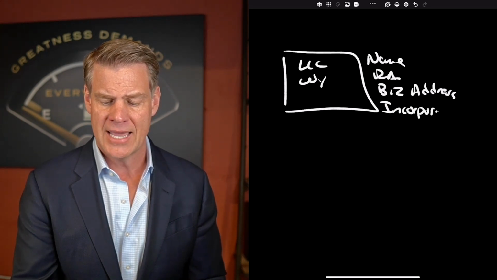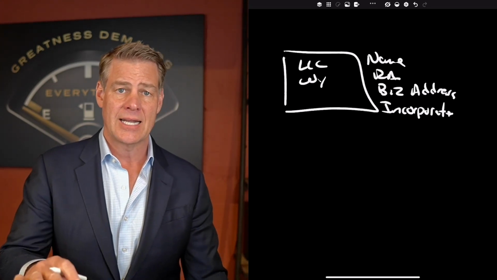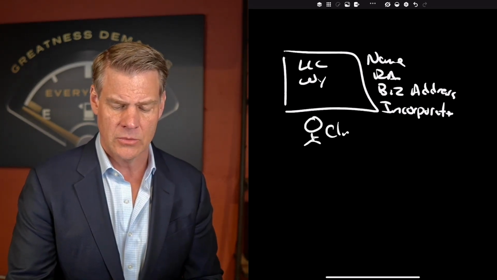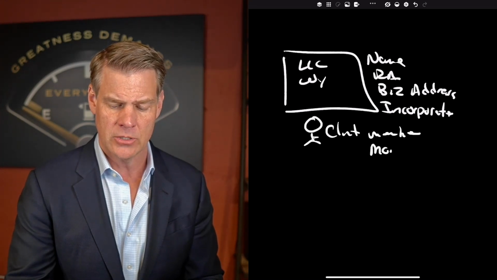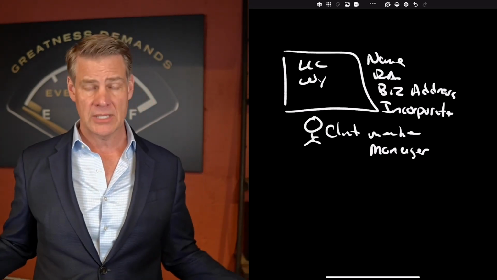That is the person that filed or organized the LLC, that actually set it up. None of these relate back to you. So if I'm the owner of this company, so Clint's the member and Clint is the manager of the LLC, all of that info is held completely private.